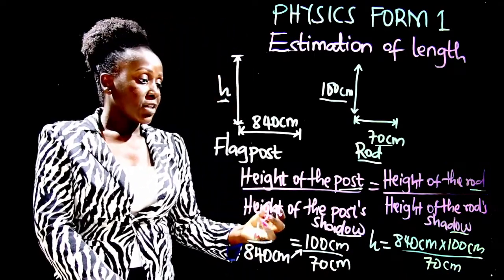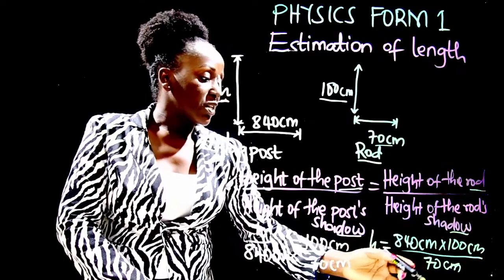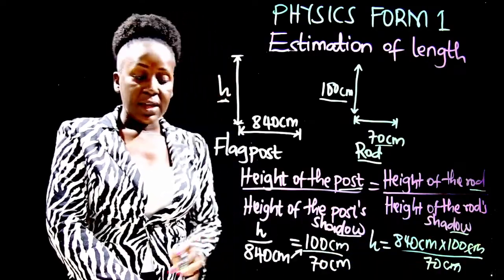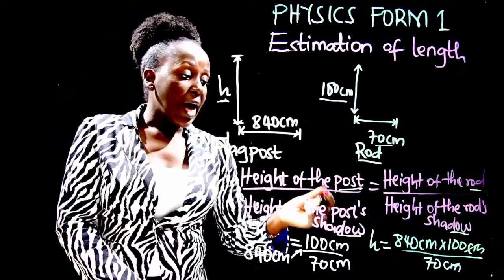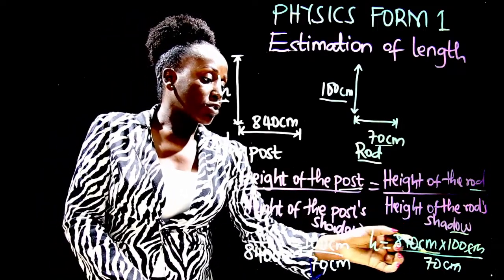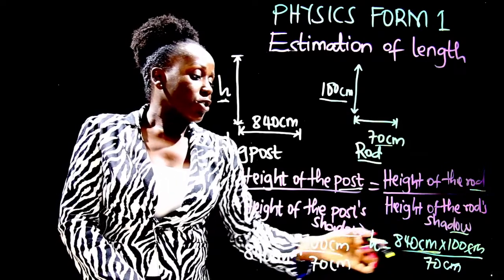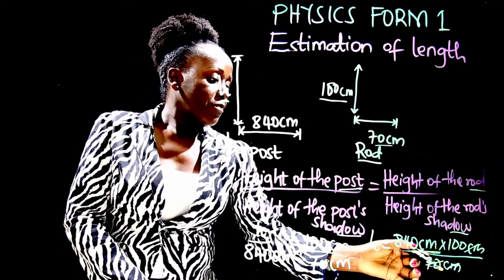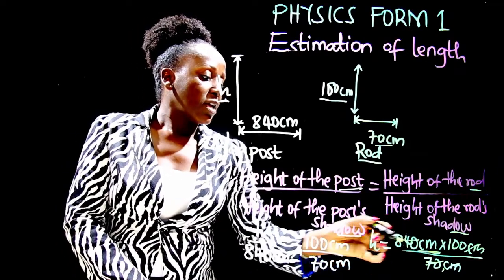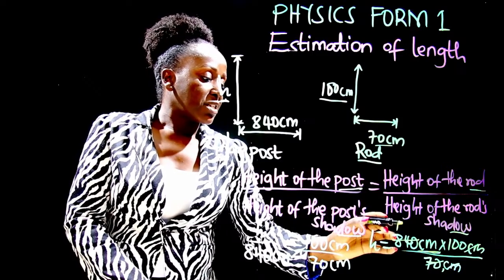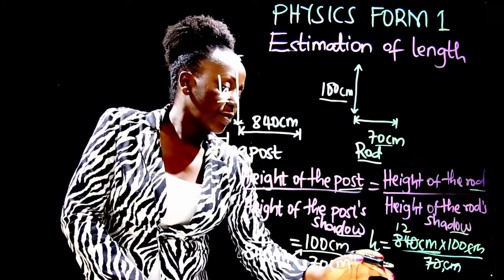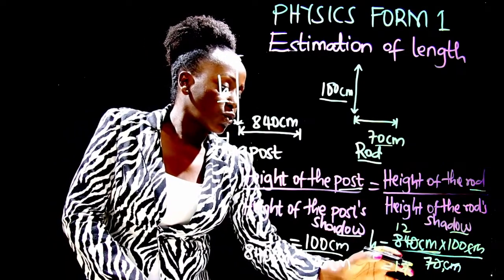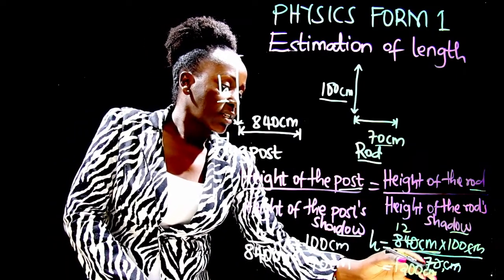First of all, about the units, this centimeter cancels out with one of the centimeters above, so our final answer will have the units of centimeters. 70 divided by 70 is 1, 840 divided by 70 is 12, and 12 times 100 we get 1,200 centimeters.